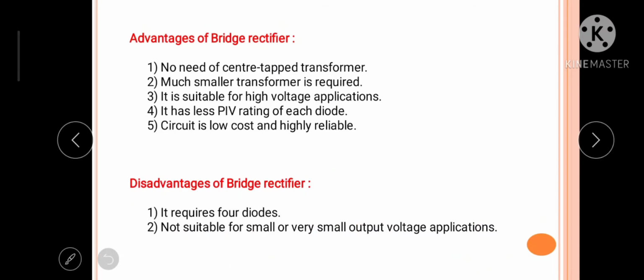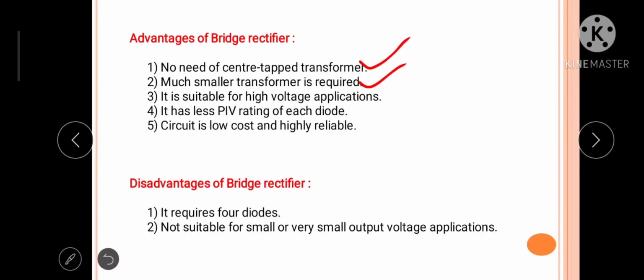Now come to advantages of bridge rectifier. Firstly, in this rectifier there is no need of center tap transformer. Secondly, a much smaller transformer is required, in the sense the voltage, current and power ratings of the transformer are small.